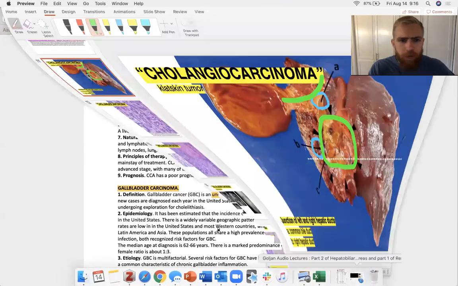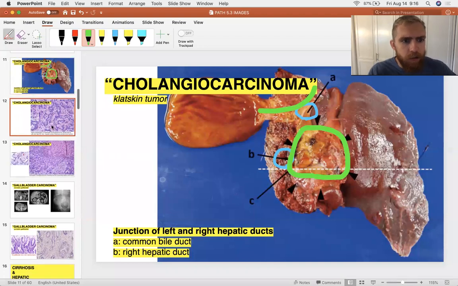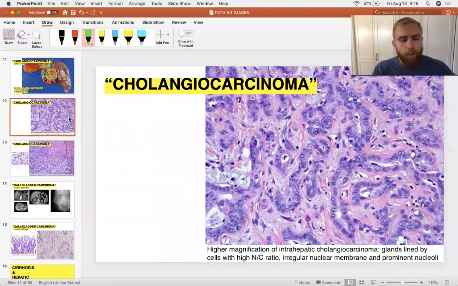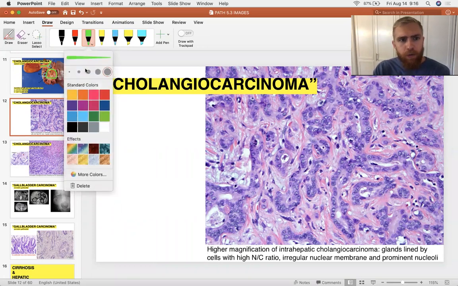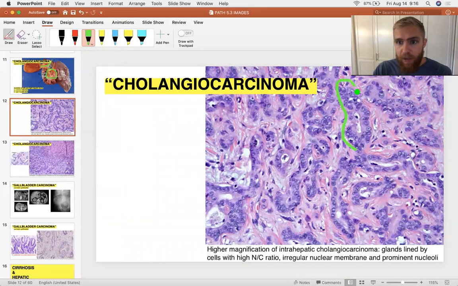I got any pictures for this? Yeah, I got some histology for this. So cholangiocarcinoma, before we talk about how it presents clinically, let's look at it under the microscope. We're seeing gland-like ducts, indeed, with these cuboidal type cells. And we are also seeing that serous or fibrous intracellular component to it.